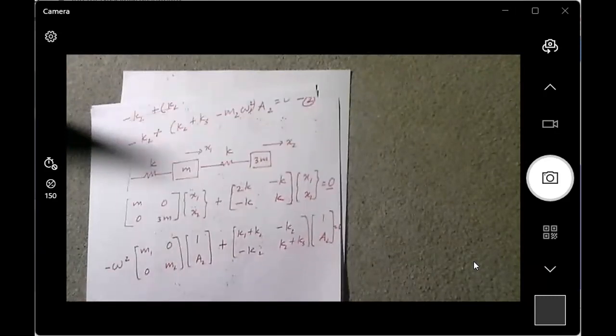So here we have minus omega squared related to this question. M1 is M, 0, 0, and M2 is 3M.